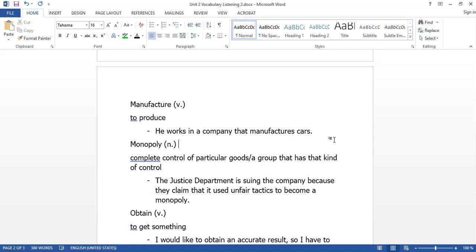For example, the Justice Department is suing the company because they claim that it used unfair tactics to become a monopoly. So do you understand this word then? Monopoly. How do I translate that in Thai?